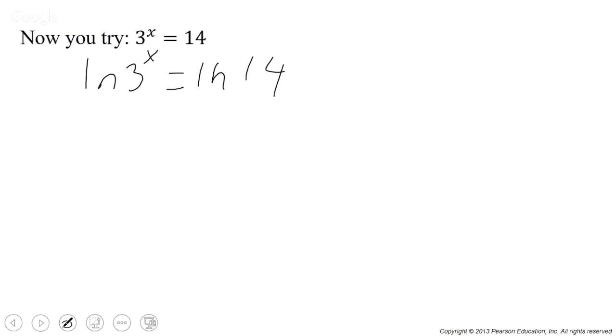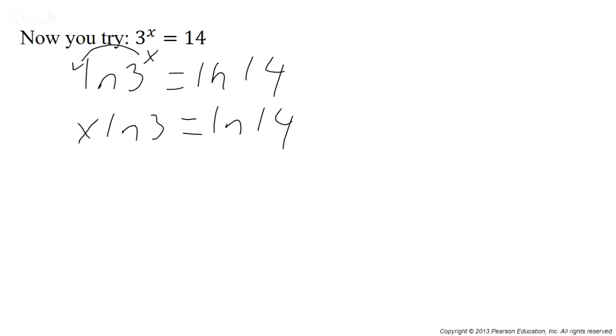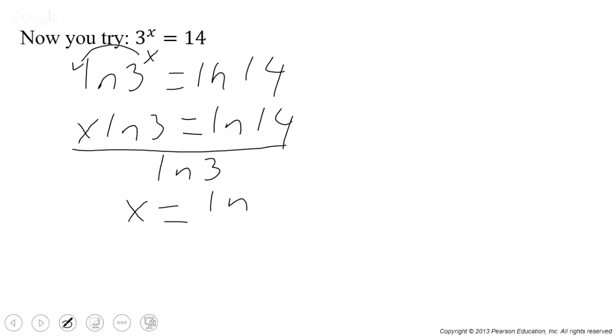Now that x can move to the front, so that's going to be x ln of 3 equals ln of 14. Now I can divide both sides by ln of 3, and that gives me x equals ln of 14 over ln of 3.